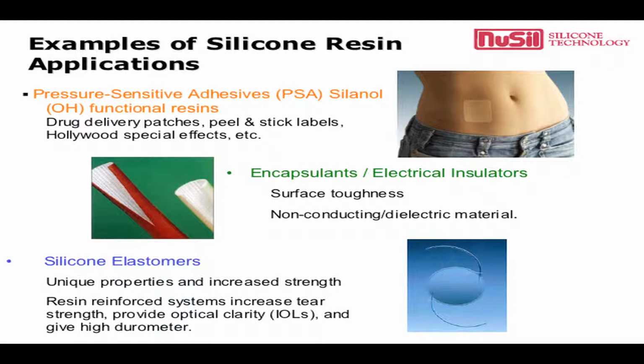It needs to stick, but the non-woven or the woven that it's applied to is what gives it the strength. It's not so much the silicone. The silicone's there to hold it in place. Encapsulants, like I said, these are low viscosity materials, so they're easily used as potting and encapsulating compounds. And IOLs, like down in the bottom right corner.